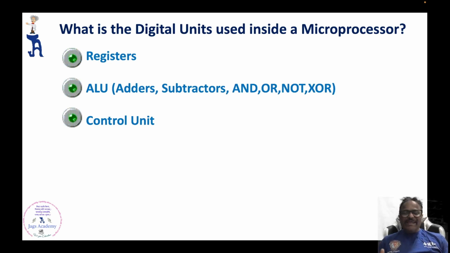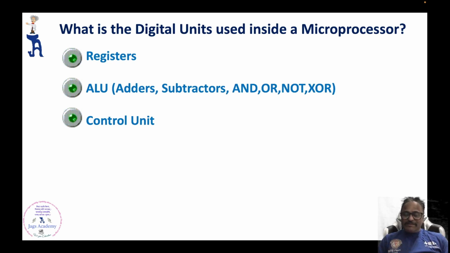So these three are the important digital circuits which are used in every microprocessor. Even in modern microprocessors or modern microcontrollers, these are the basic elements used to design an entire microprocessor.